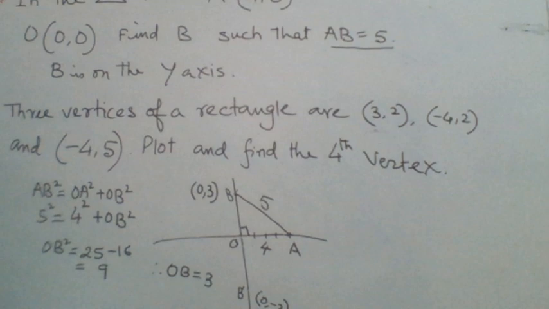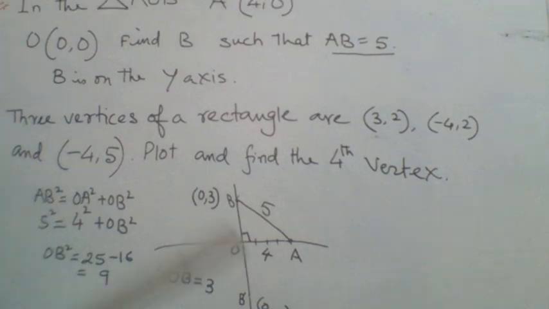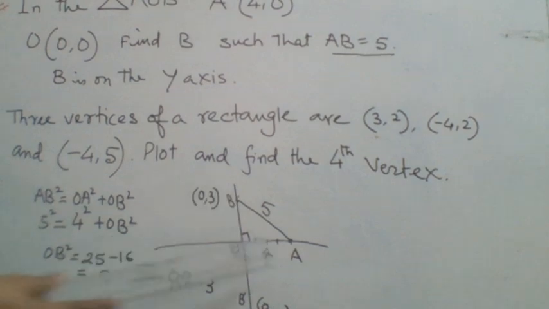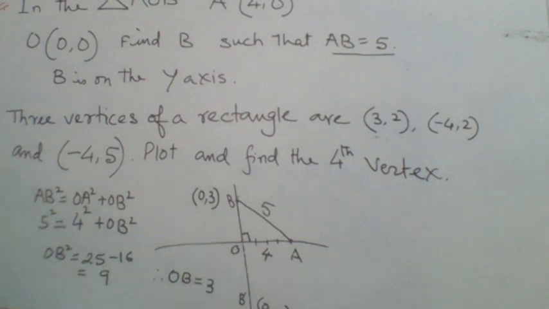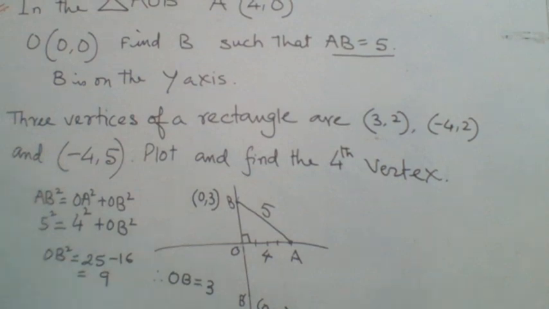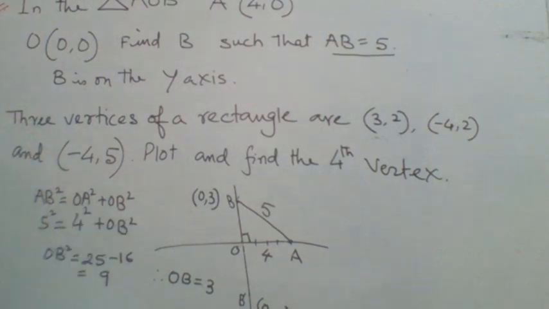Okay, so once again I repeat this triangle. See, this is the rough plotting I have done. This is origin, A is 4 comma 0 and B is somewhere on the y-axis. Wherever B exists, this triangle AOB is going to be a right triangle. So we are using Pythagoras theorem. AB square equal to OA square plus OB square. AB is given to you as 5.